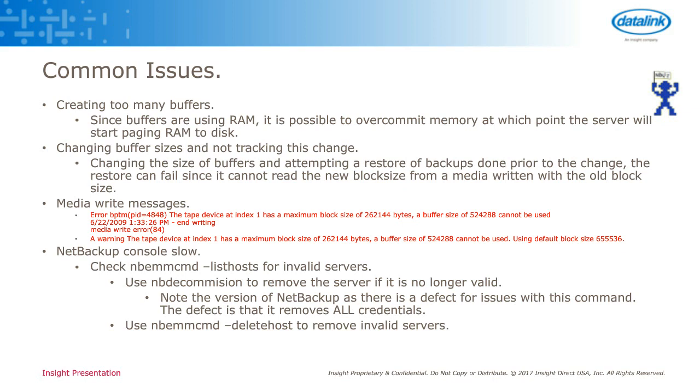One additional item is a NetBackup console that's slow. This is a big one as well. Use the command nbemmcmd -listhosts and look for invalid servers. These are media servers that may have been shut down but not properly decommissioned within NetBackup. Since they are in EMM and part of NetBackup, it will try to poll them to get the status of disk pools and the status of the server itself.